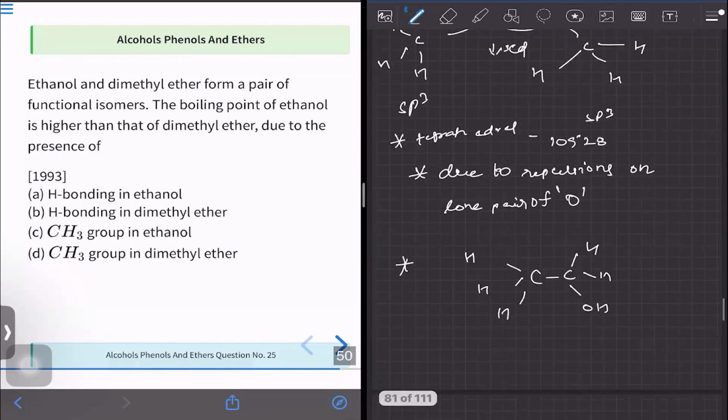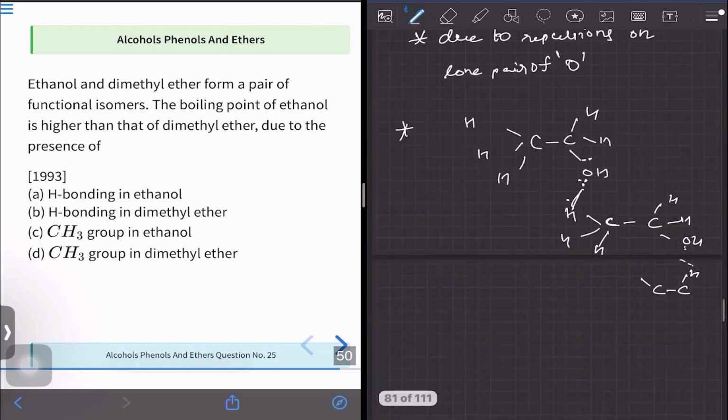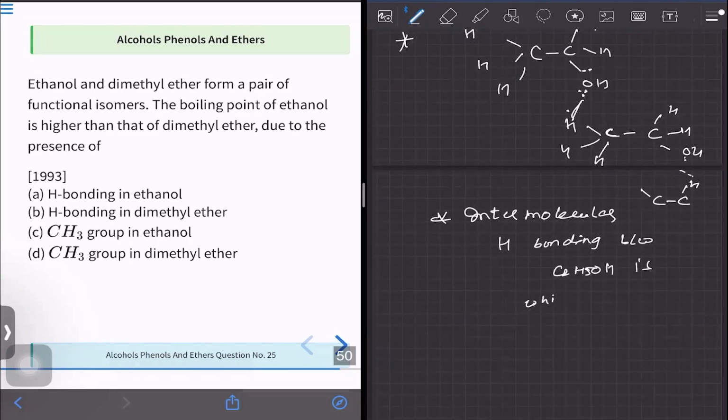Whenever it reacts with another C2H5OH, this oxygen has lone pairs and it interacts with the hydrogen of another molecule. So it contains intermolecular hydrogen bonding between C2H5OH molecules, which is absent in the case of CH3OCH3. CH3OCH3 does not have hydrogen bonding.